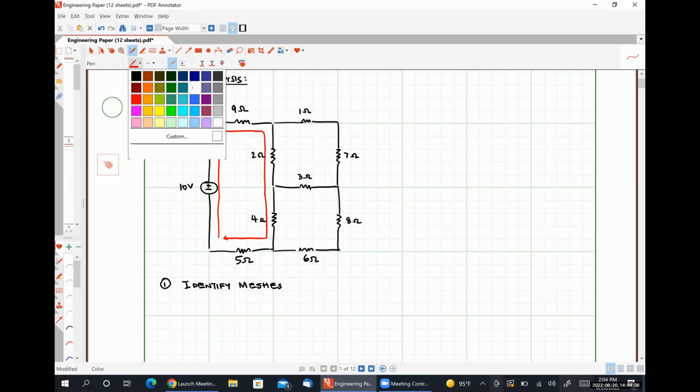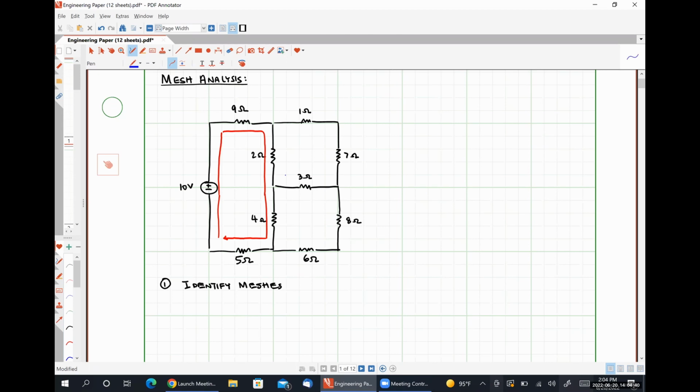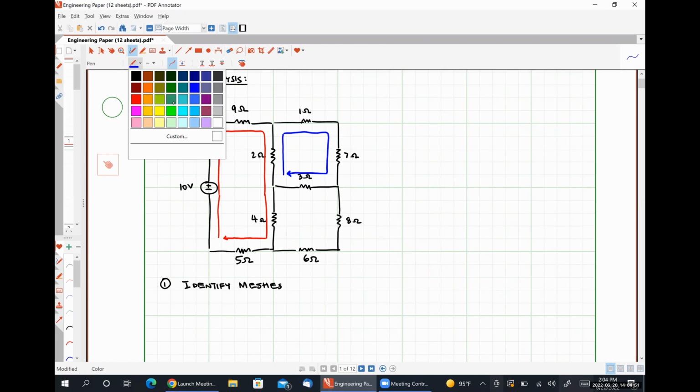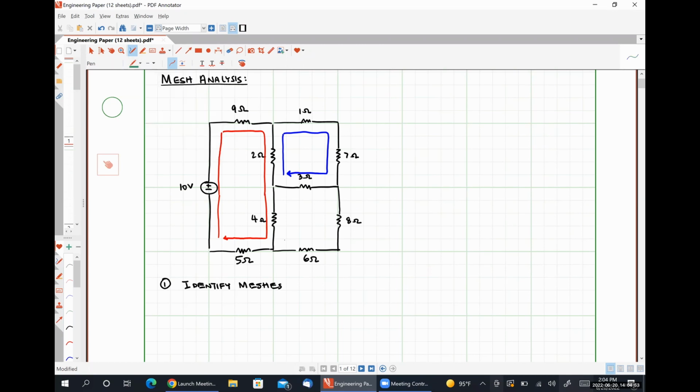We also have a mesh here. And a mesh here.